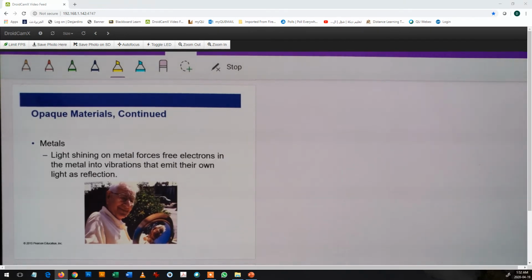In copper, they will vibrate red. In silver, they will vibrate something like gray. Gray is a combination of more than one wavelength, but it depends on how the electrons of that metal vibrate and what frequency they will absorb and what frequency they will reflect.